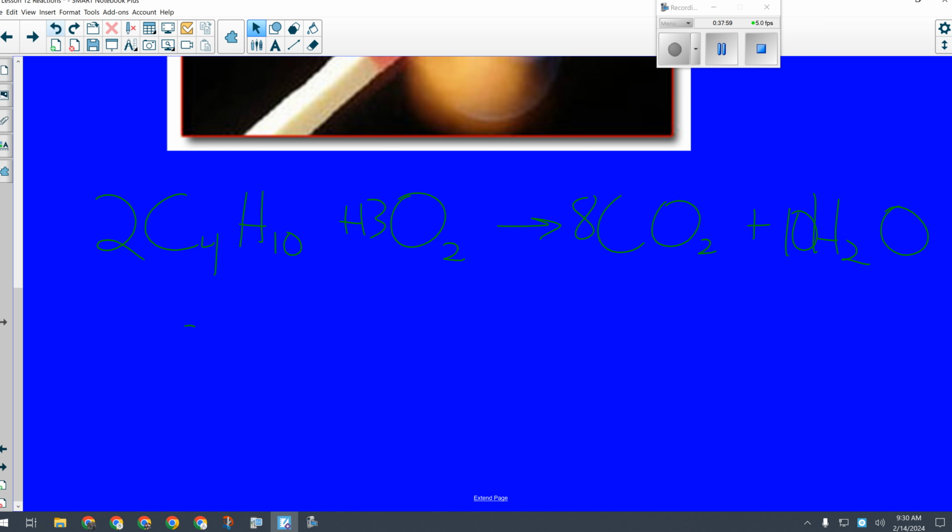If you have an odd number of carbons, you don't need to do that. If I do this one, and I'll just do it quick, I got 5 carbons here, so now I got 5 here, I've got 10 hydrogens, now I've got 10 there. Whoops, sorry, I wrote that compound wrong.